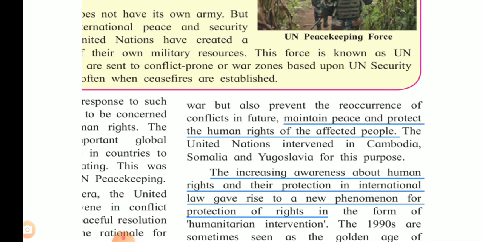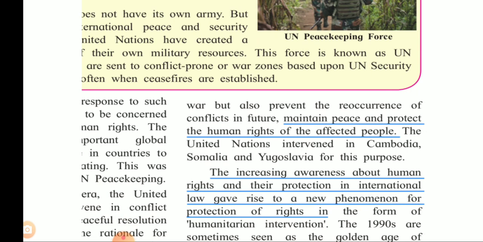Spelling of transitional: T-R-A-N-S-I-T-I-O-N-A-L. Cambodia: C-A-M-B-O-D-I-A. In the bracket, write in capital letters UNTAC, close the bracket.